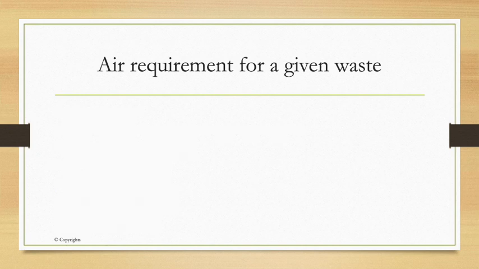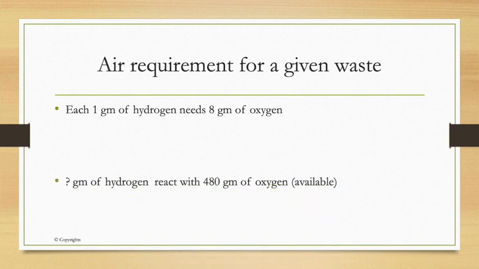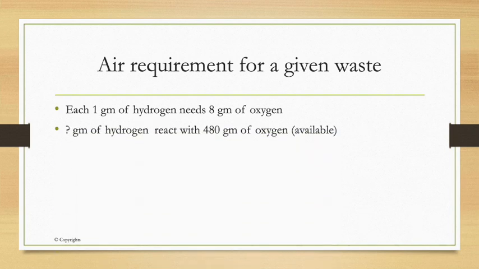So, knowing that 1 gram of hydrogen needs 8 grams of oxygen, then we need to calculate the amount of hydrogen that will react with 480 grams of oxygen available in the waste. As you can see, by cross multiplication you will get that 60 grams of hydrogen will react with the available oxygen.